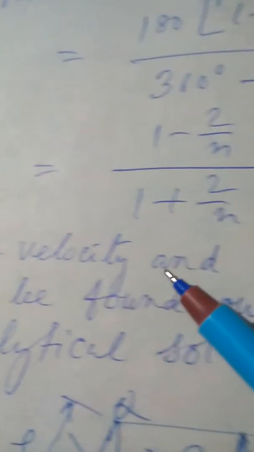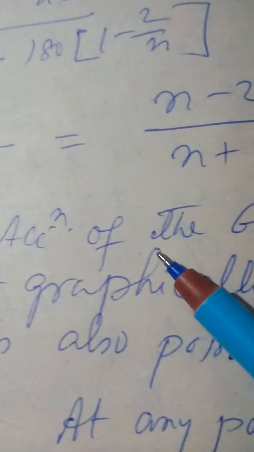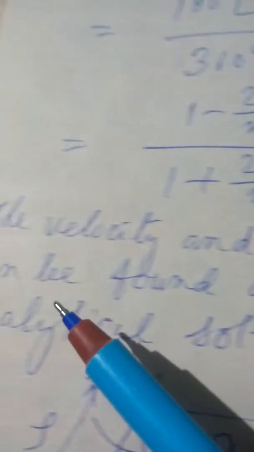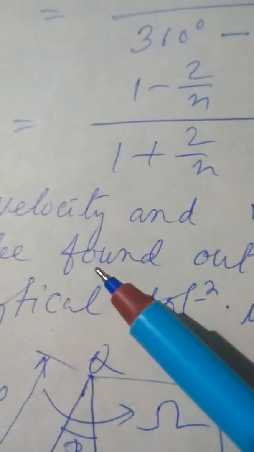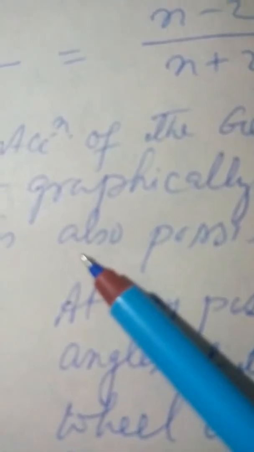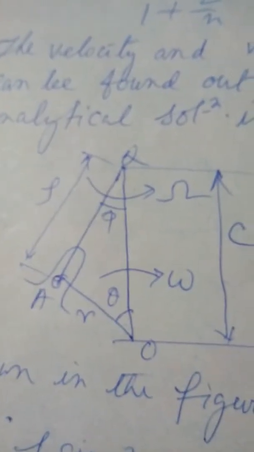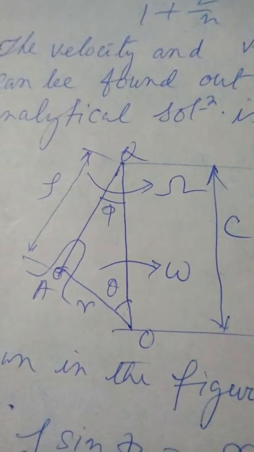The velocity and acceleration of the Geneva wheel can be found out graphically, but analytical solution is also possible. Now you see, this is the figure.